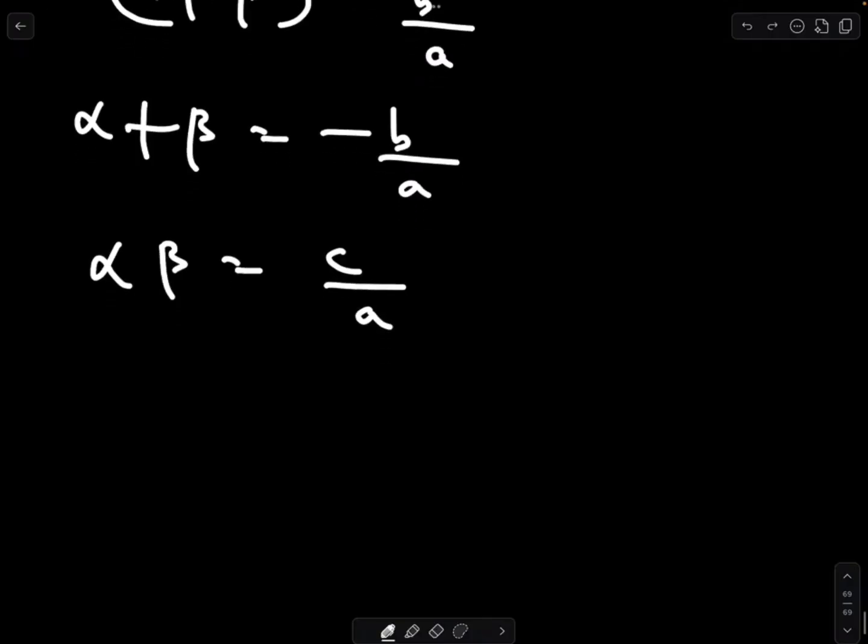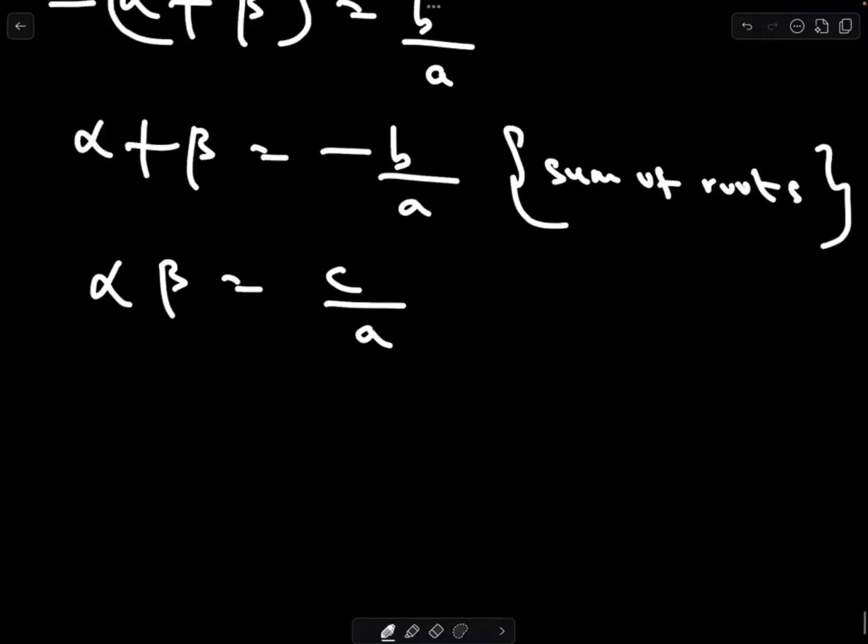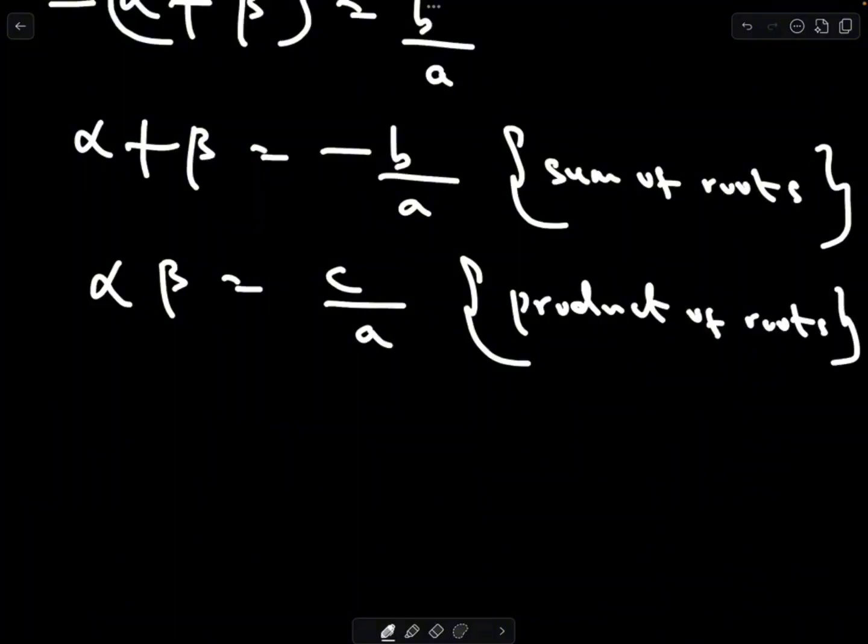And this simply tells us that the sum of roots is alpha plus beta, while alpha beta represents the product of roots.